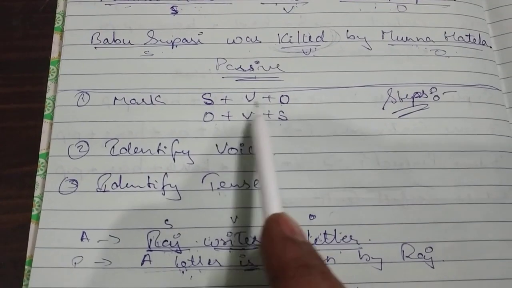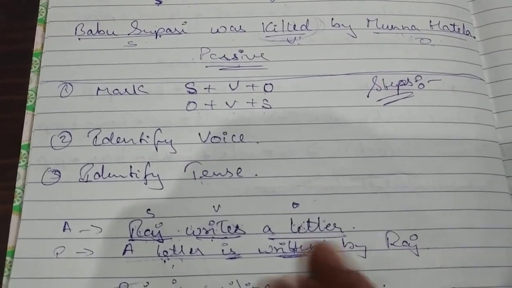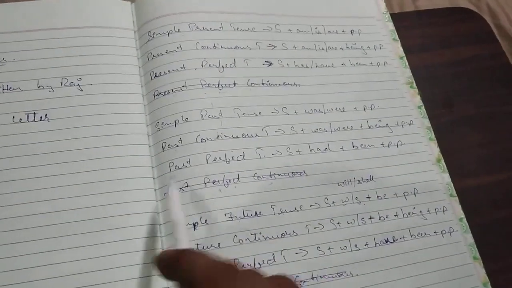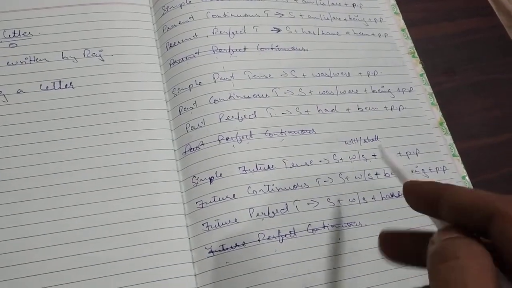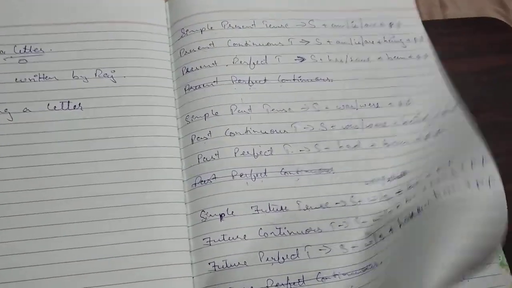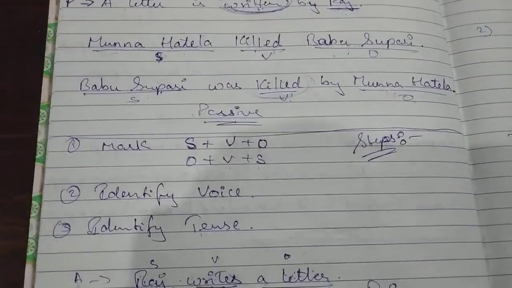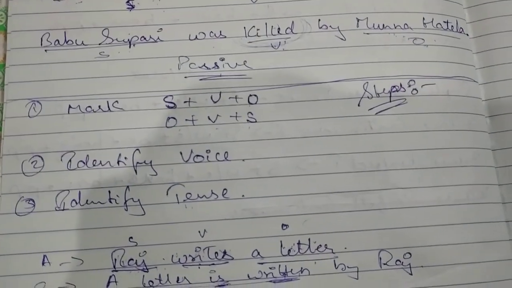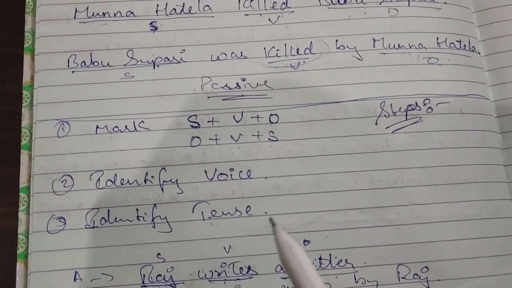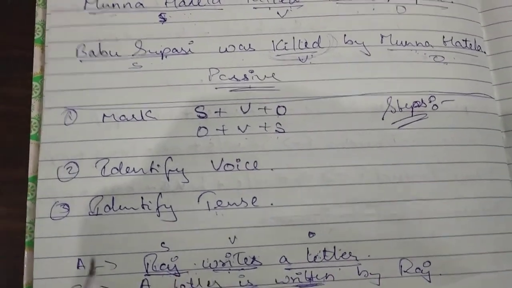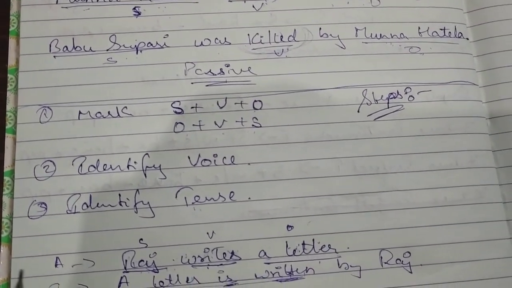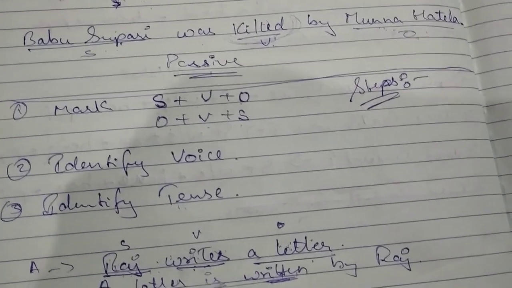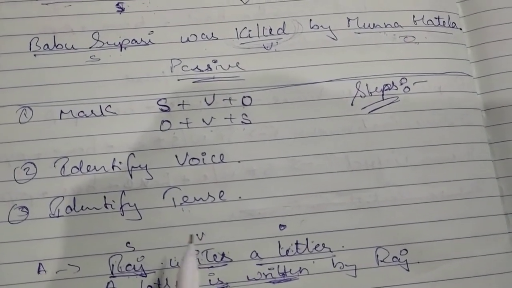Always take subject, verb, object. There are tricks also where you don't need to learn these 9 formats. If I get sufficient time and opportunity, I will definitely share that trick with you, so that it becomes easy for you to solve the questions on this topic.